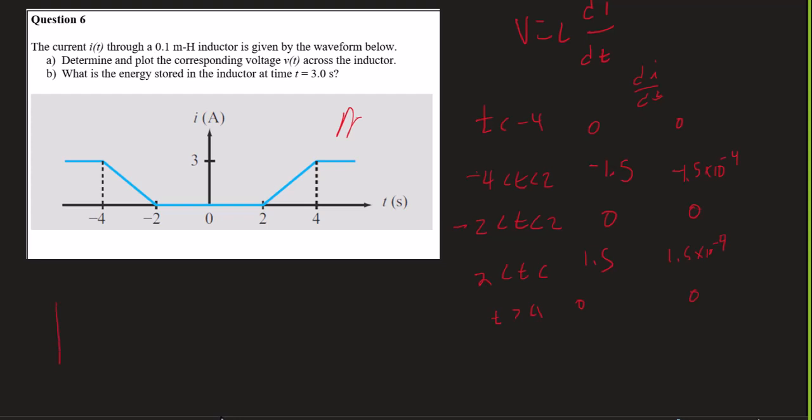All right. So then I'll do it in units of 10 to the negative 4.